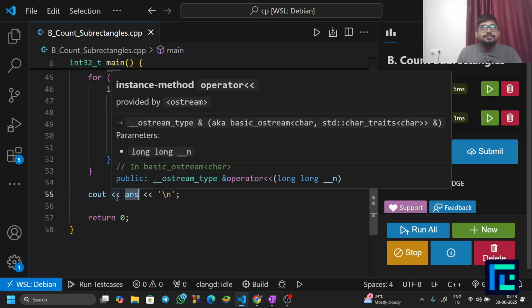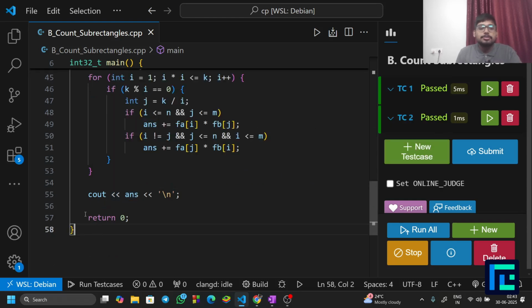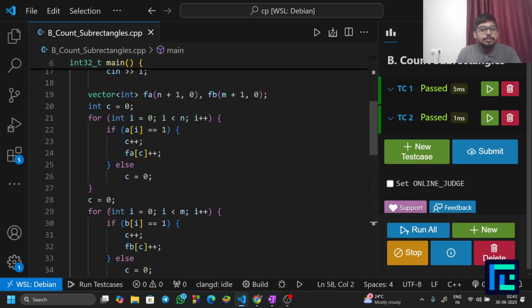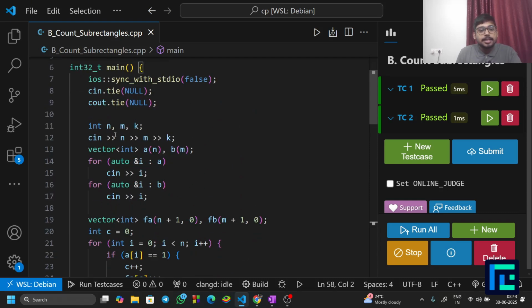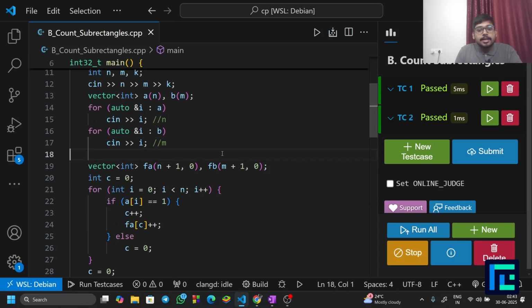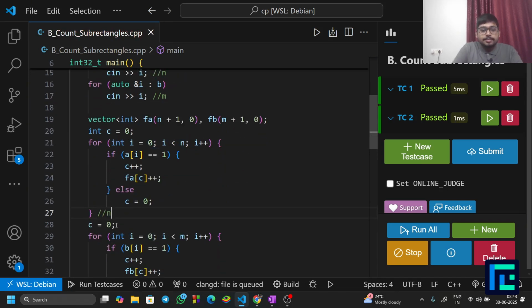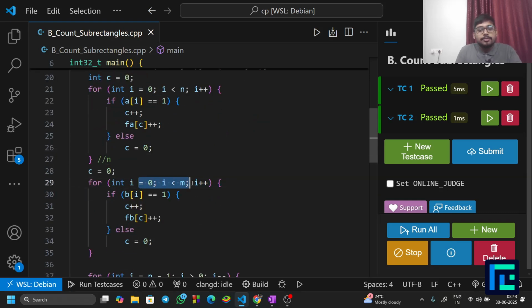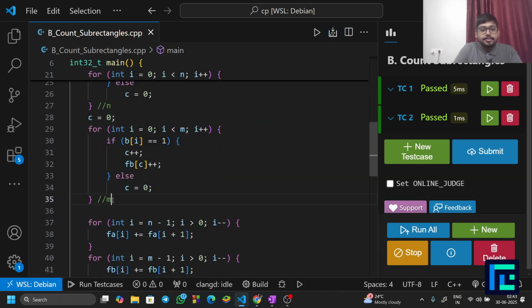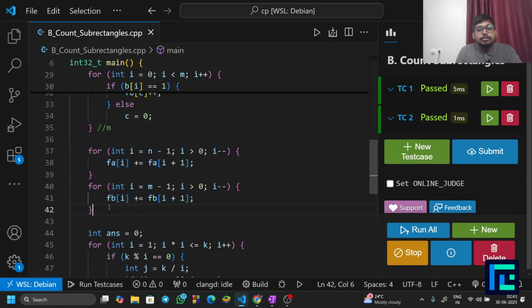We can print it. Okay, so I hope the code is clear to you. If you look at the time complexity from the code, then the input part, taking array A and array B, is order of n time and order of m time. We have found the two vectors. This loop is running order of n times, this loop is running order of m times, and these two loops are again running order of n and order of m times.